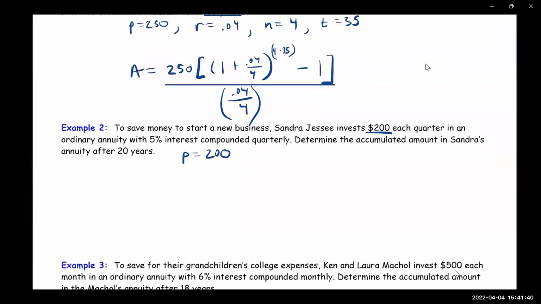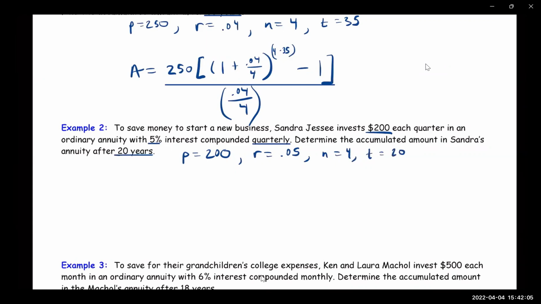R is 0.05 because it's 5%. The N is going to be 4 because it's quarterly. And then the time is 20 years.